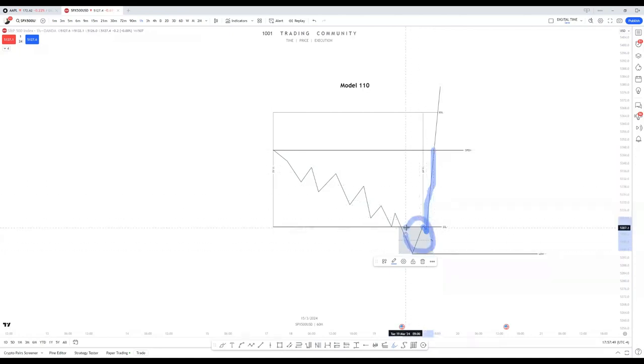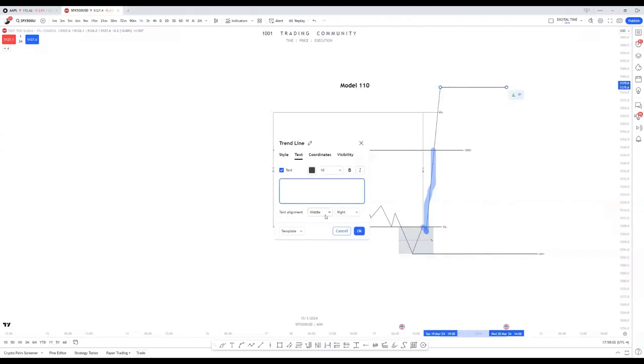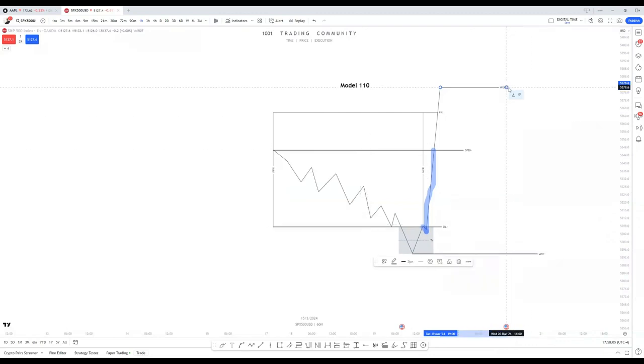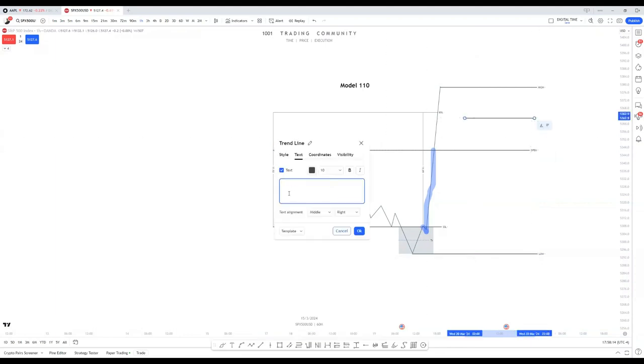Magical turtle soup here. And it pushes up and closes somewhere around over here after forming a high. And it closes somewhere over here. Close.